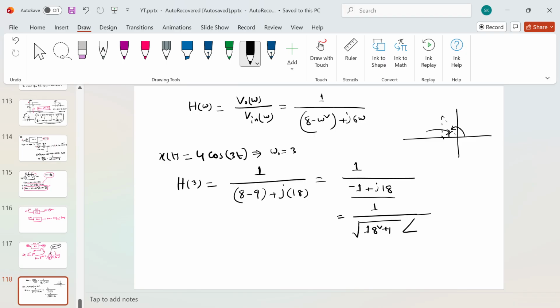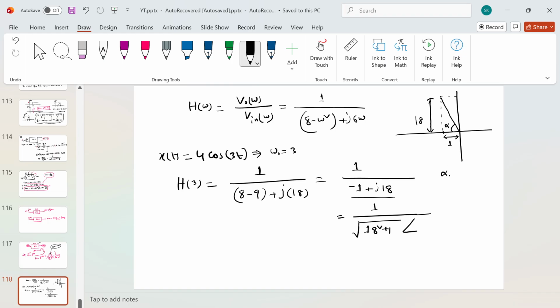So let's say this angle is, maybe I can clearly draw it for you, minus 1, j18. This is one magnitude, this is 18, and this is, let's say, alpha.